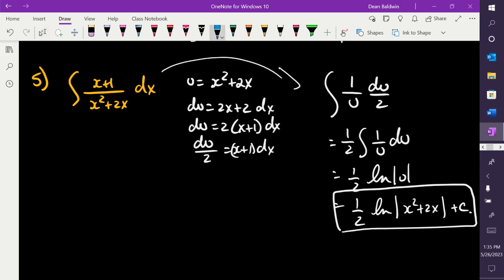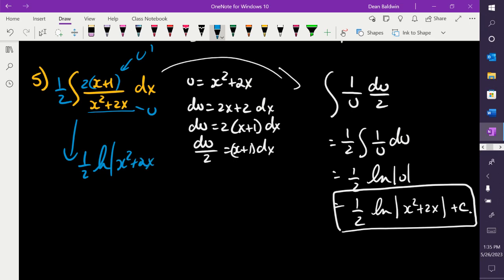If you did the shortcut, you look at the bottom. What's the derivative of the bottom? 2x plus 2, which is really close to that, right? So if I just put a 2 like that, but then obviously you have to put a half there, then it matches your pattern because you have u primed over u. So it's just 1/2 natural log. And you're done.